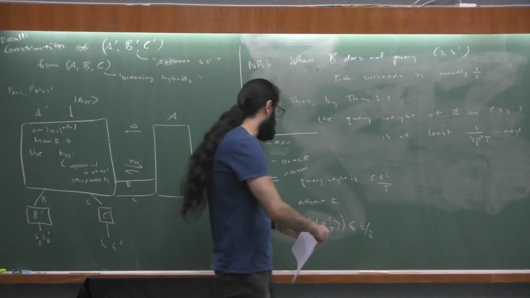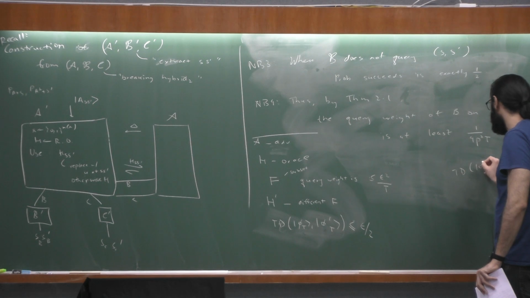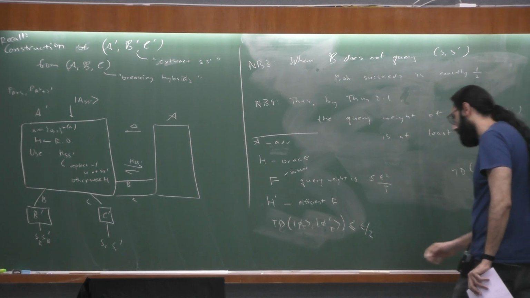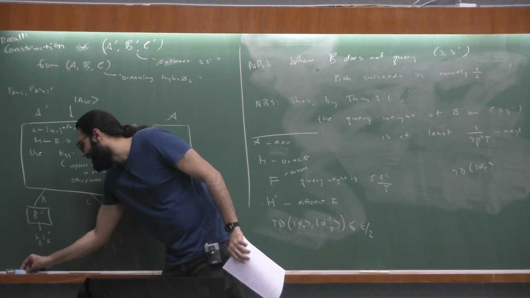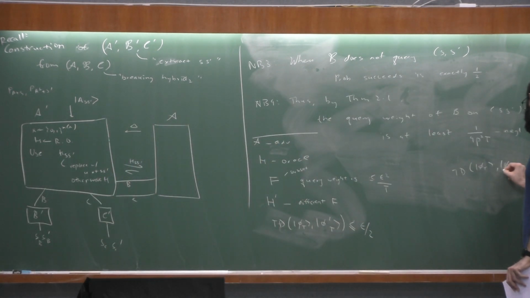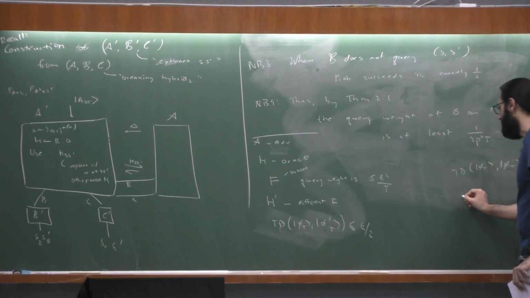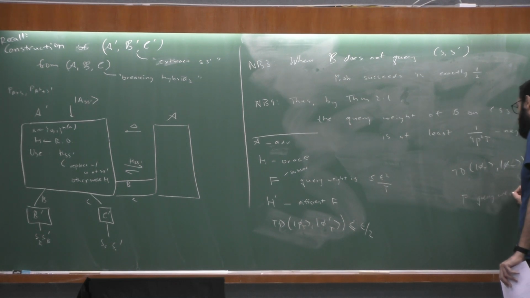We're doing the contrapositive. So we are saying that if the trace distance is large, it implies that the query weight is at least epsilon square by t.